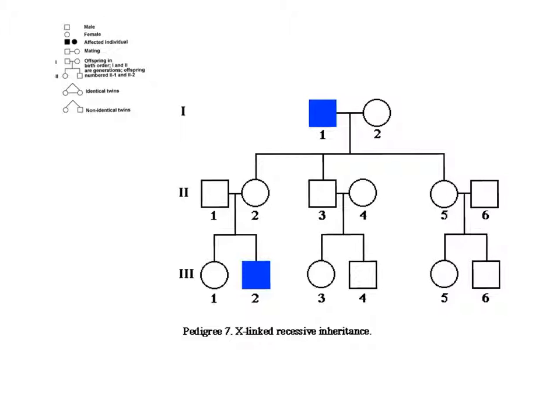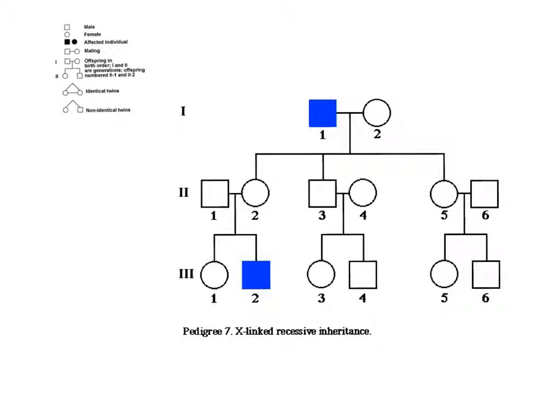Individual 3-3 and individual 3-5 would be cousins. So hopefully that makes a little bit more sense to read that genetic pedigree and to see what all those familial connections actually are.